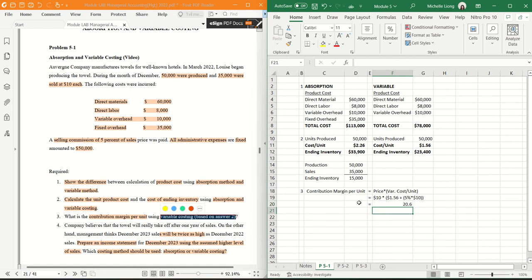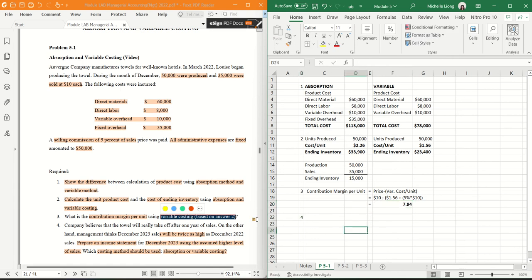Oh, sorry, this is minus. Sorry for that. We get 7.94. Okay, this is the contribution margin per unit.